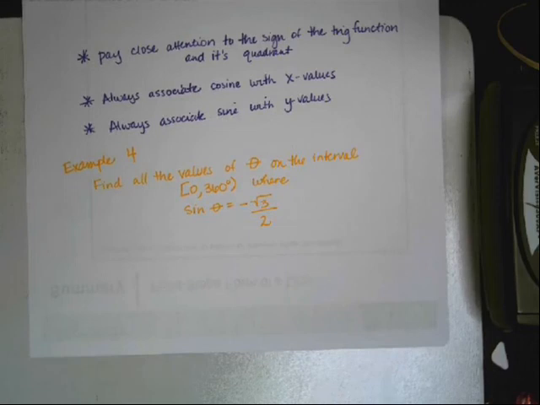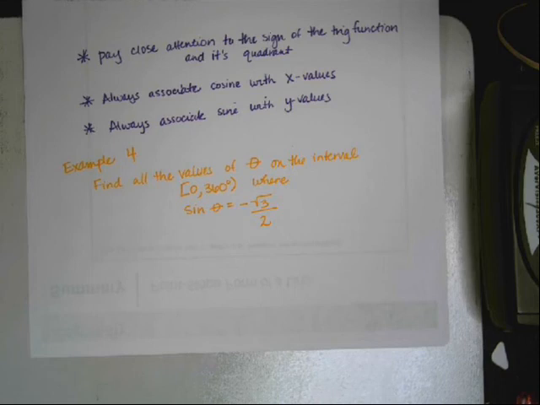It says find all of the values of theta on the interval from 0 to 360 degrees, where sine theta is equal to negative square root 3 over 2. When they say on the interval of 0 to 360, they're asking me to go around the coordinate grid one time, because it's 360 degrees.